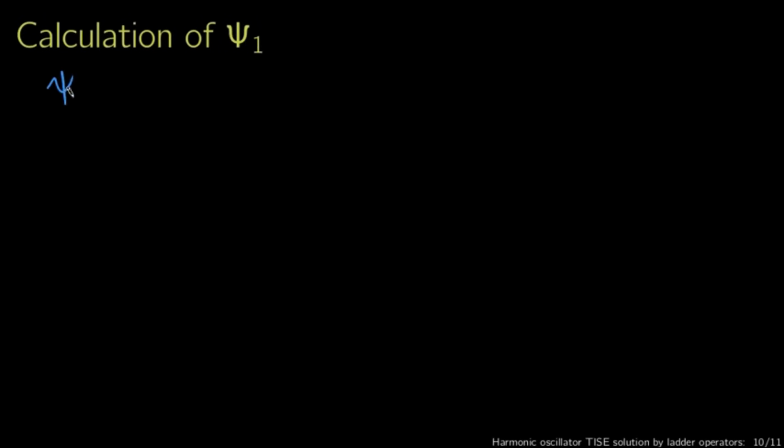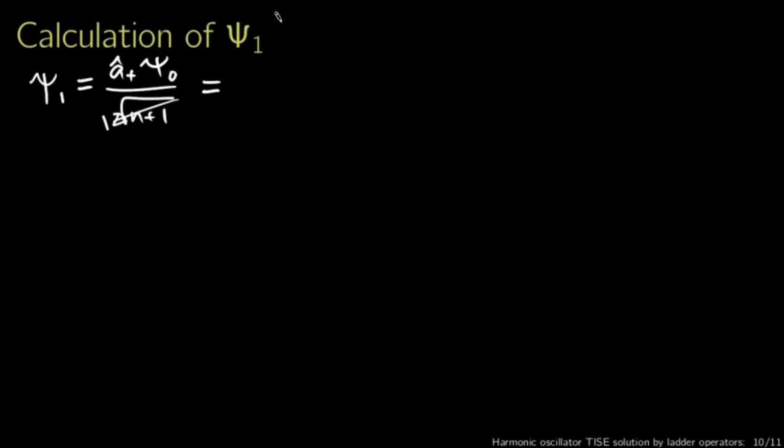We know psi 1 is going to be equal to A plus acting on psi 0, and there's that normalization constant, the square root of n plus 1, except in this case n is 0, so this is just going to be 1.